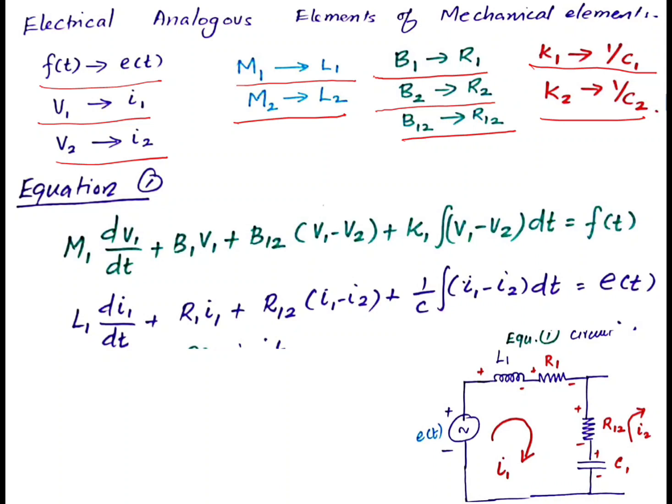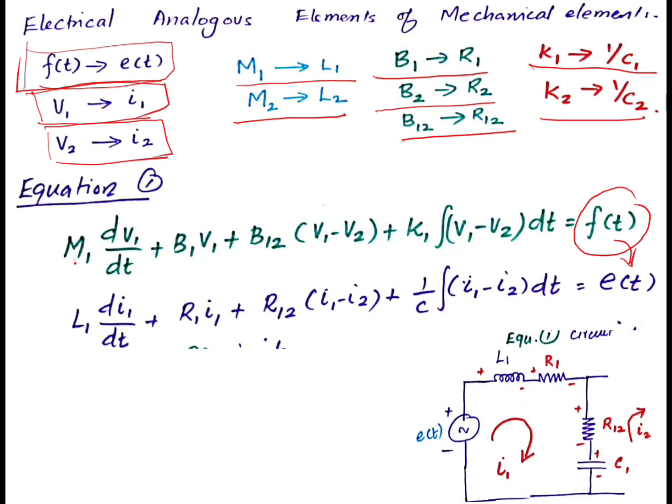That is, when you find V, you are going to replace it with I, so V1 becomes I1 and V2 becomes I2. At the same time, force f of t is replaced with E of t.